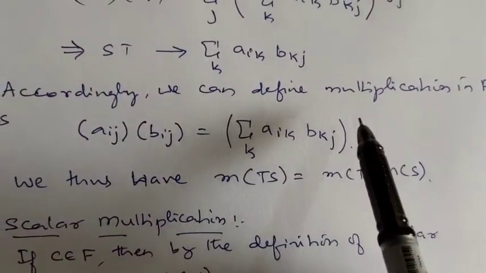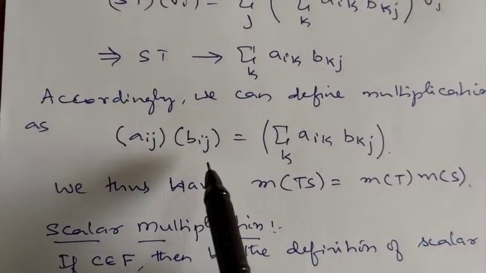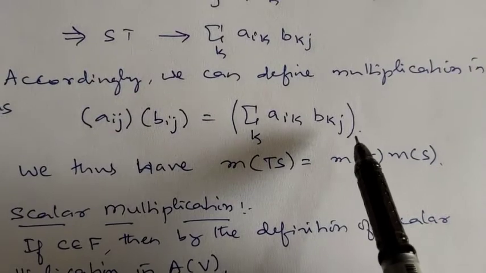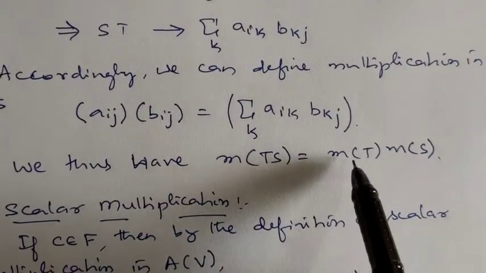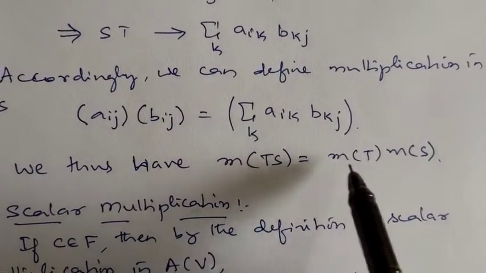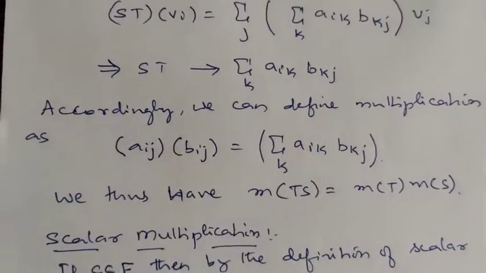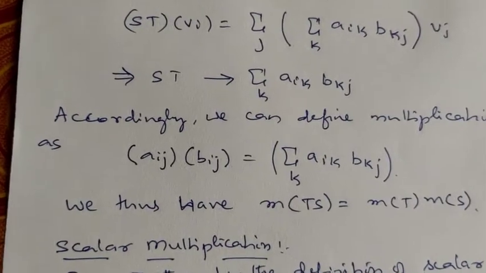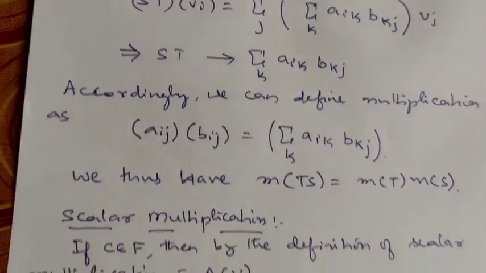Accordingly we define the multiplication in Fn as Aij into Bij equal to summation over k, Aik into Bkj. Thus the matrix of T into S is the matrix of T into the matrix of S. So we define the multiplication of matrices also using the transformations.